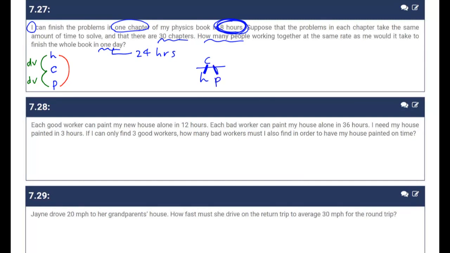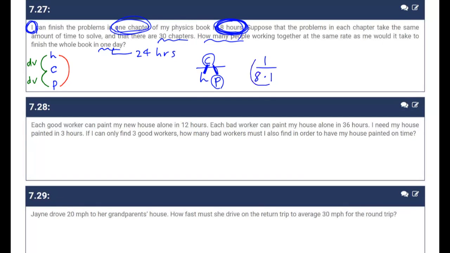and C and P are also directly proportional, right? Now, when I was working all by myself, which is just one person for P, and doing one chapter, that's on the top, one chapter, and it took how many hours? 8 hours, right?